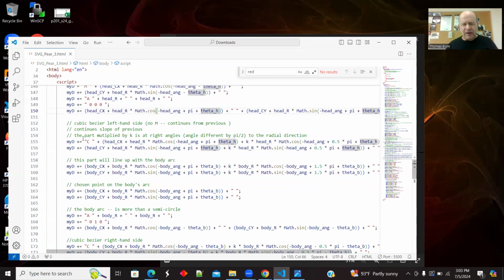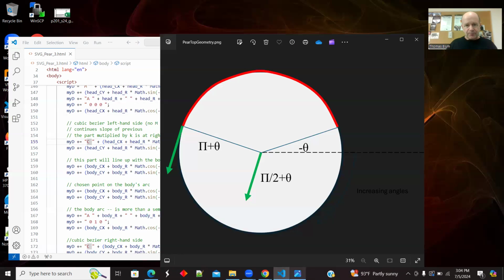When you carry on in a path, you don't have an M because you're just continuing on from where your last point was before. And the C here means that I'm making a cubic Bezier. Up above, when I made the axis, that axis was a quadratic Bezier, and I had Q. Here I have C. So I'm going to have 2 control points. And I wanted control points that continued the slope of the arc.